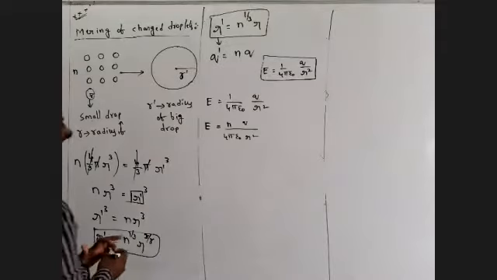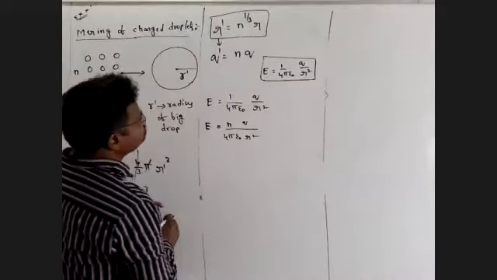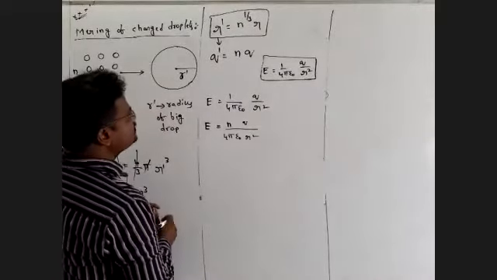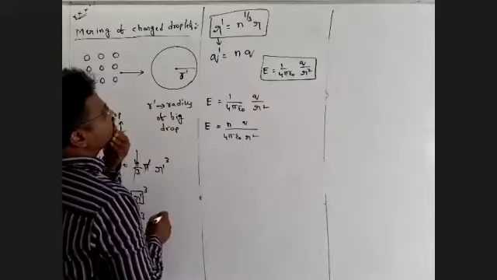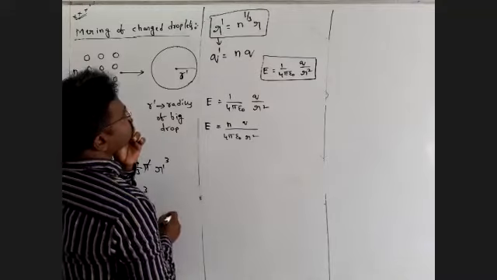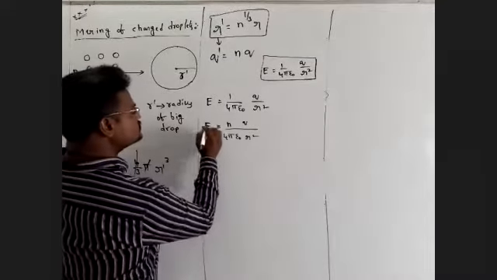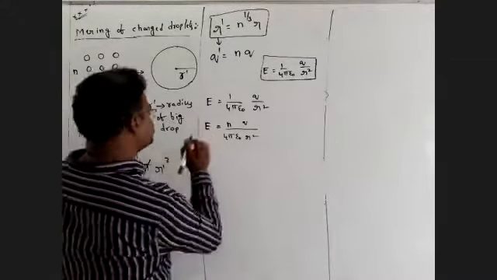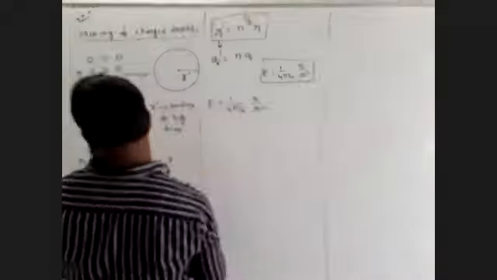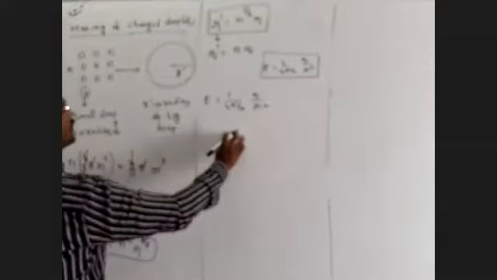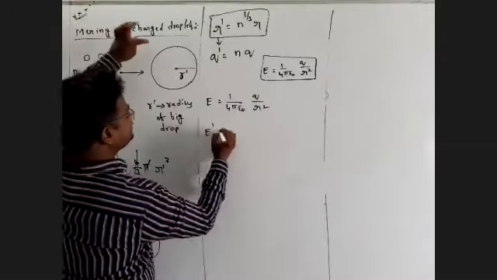Q means this is Q, and we are finding Q dash. Suppose I want to find the electric field E dash.